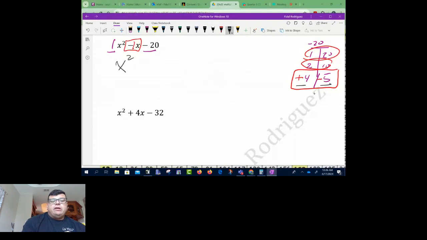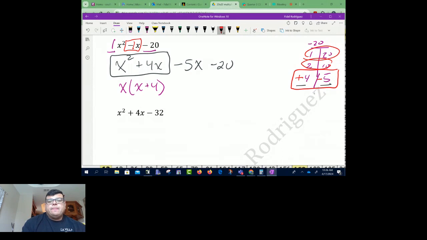So look, y'all, right here, I'm going to write x squared, plus 4x, minus 5x, and minus 20. Okay. All right, right here, y'all, I'm going to have an x, and I'm going to have an x plus 4. And then over here, y'all, first thing I see is a minus, right? So I'm going to take out, we can divide them both by 5.